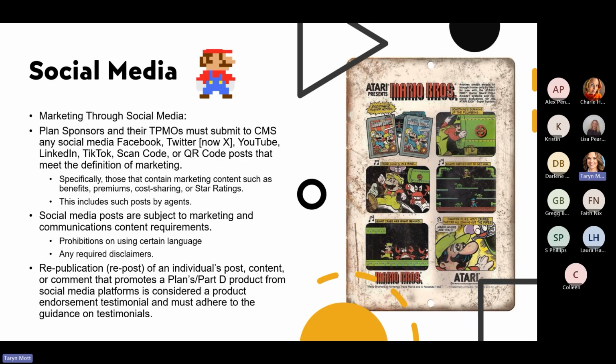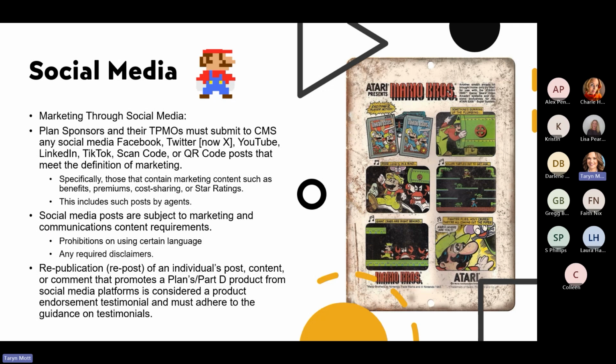Social media. Plan sponsors and their TPMOs must submit to CMS any social media posts, Facebook, Twitter, now X, YouTube, LinkedIn, TikTok, scan code, or QR code posts that meet the definition of marketing. Specifically, those that contain certain marketing content such as benefits, premiums, and cost sharing or star ratings. This includes such posts by agents.